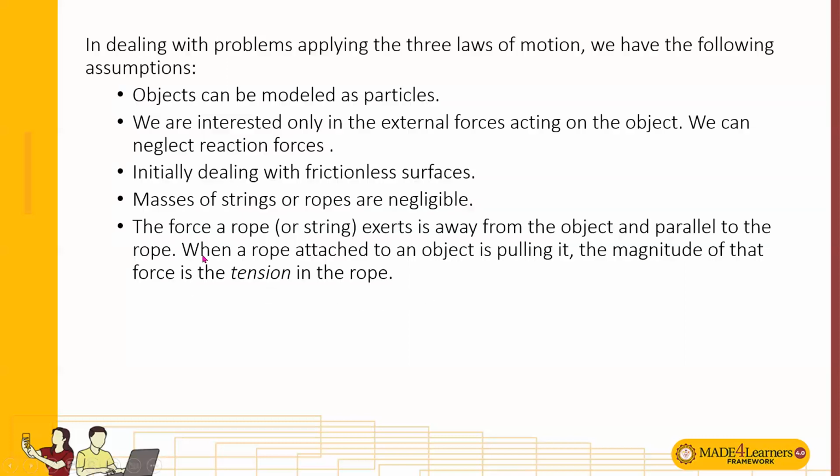So in the example of contact forces, if you're pulling on a cable or a rope, that rope must be attached to the object that you are pulling. And that magnitude of the force is what we call the tension in the rope.